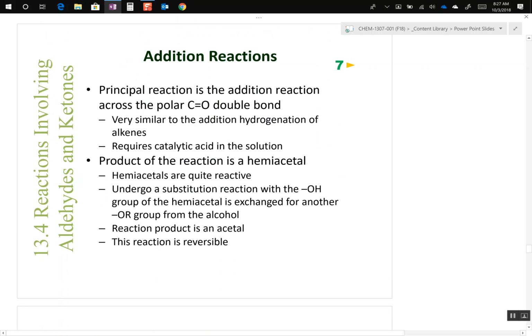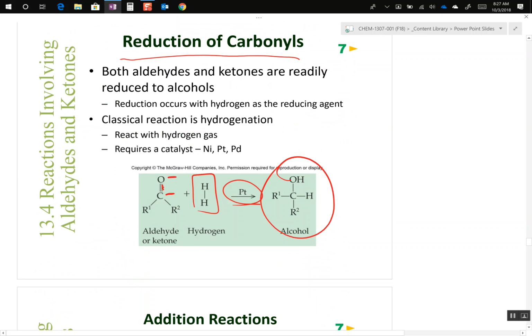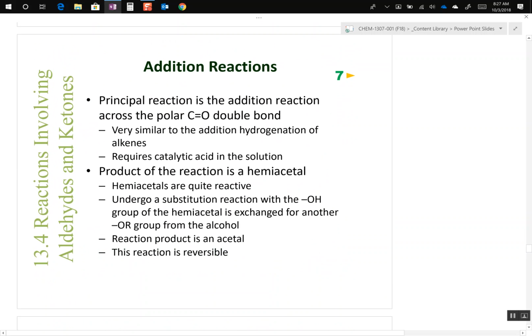So these are addition reactions, okay, where you're going to break that double bond. Now, what they mean here, though, by this type of addition reaction is where you're taking these aldehydes and ketones and reacting them further with other OHs and things, alcohols, to form things that we call hemiacetals and then acetals.